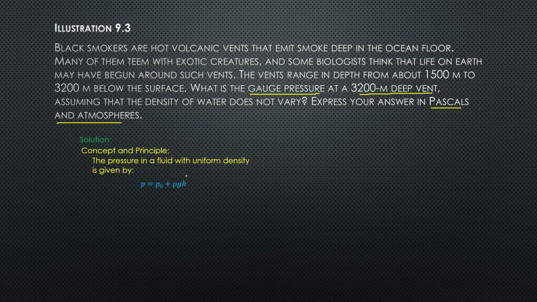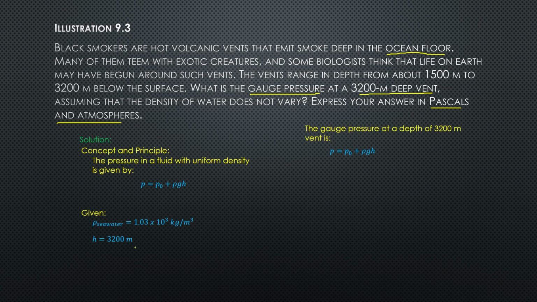Given, considering the ocean floor, the density of water is that of seawater, and based on the table, the density of seawater is 1.03 or 1030 kilogram per cubic meter, and the depth is 3,200 meters.